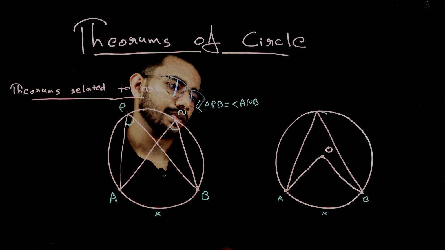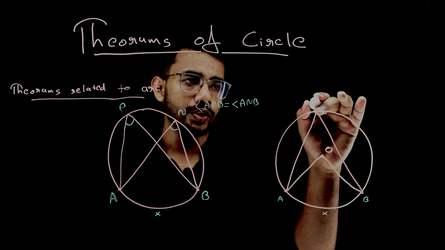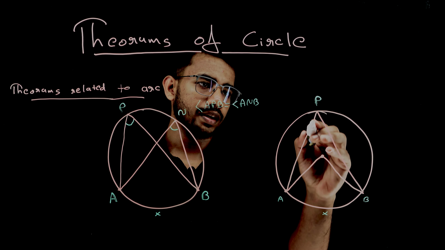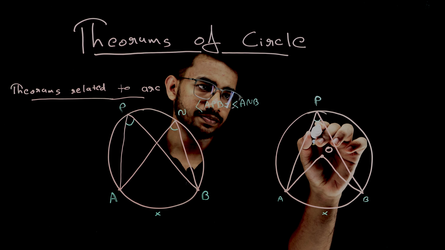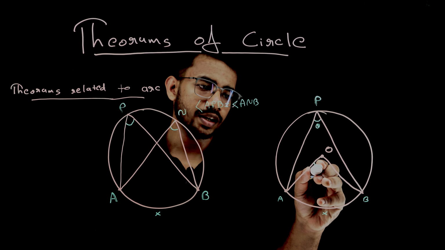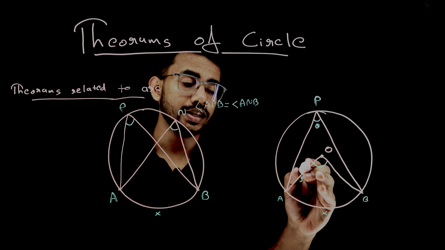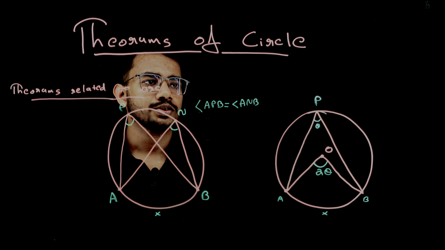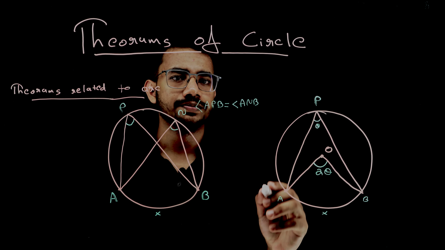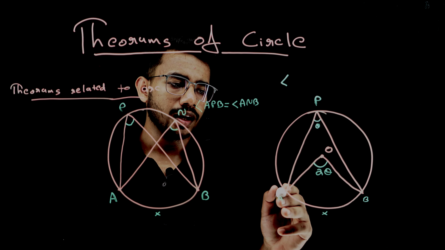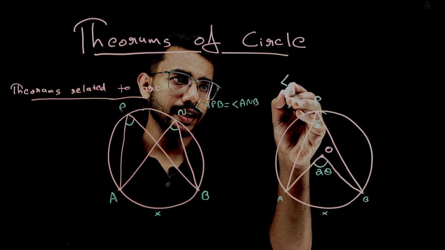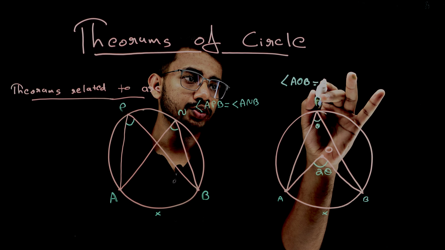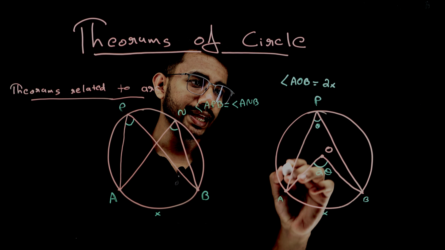I'm assuming this point as P, and this angle I'm naming as theta. Then the angle formed at the center of the circle will be double that angle, that will be 2 theta. So as a definition, I can say that angle AOB is equal to 2 times the angle APB.